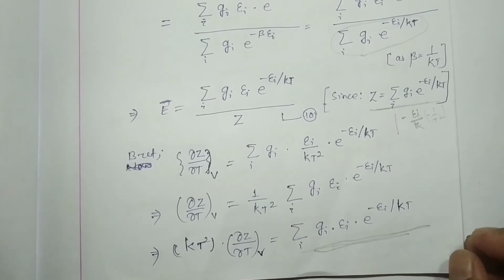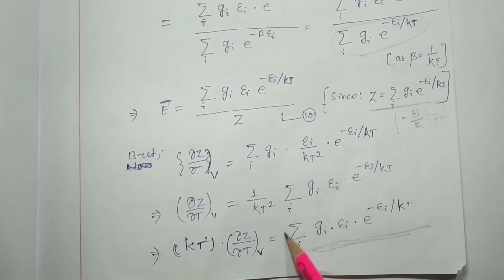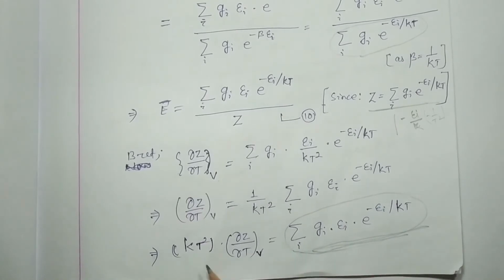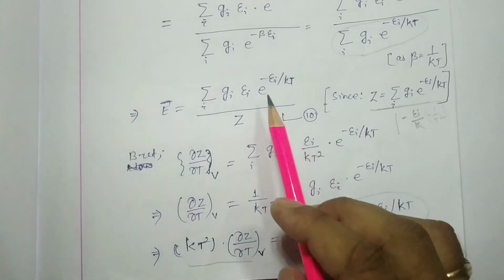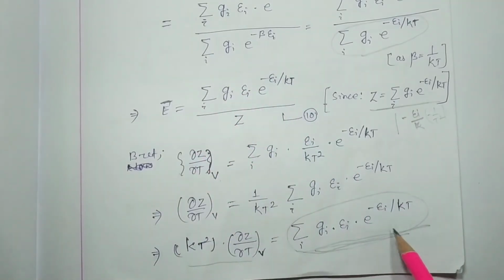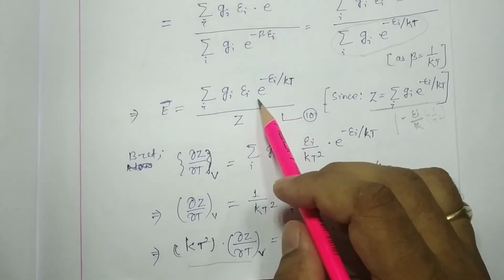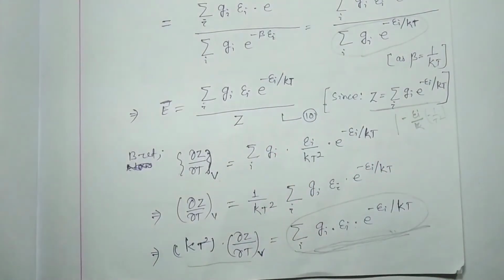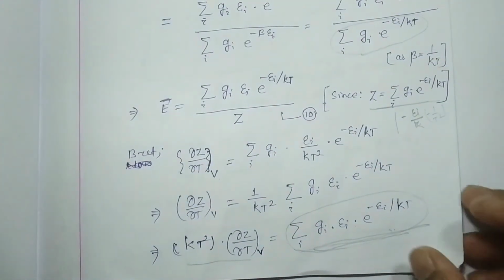Now we have to put the value of this much in equation number 10. The denominator is nothing but this one. So if we put this one in equation number 10, what are we going to find? Come to the next page.